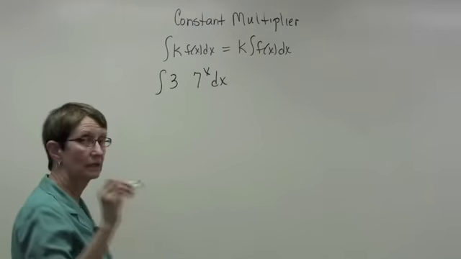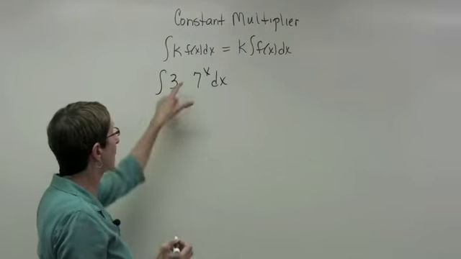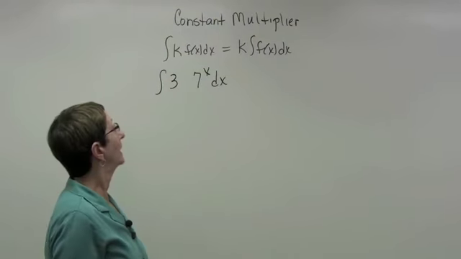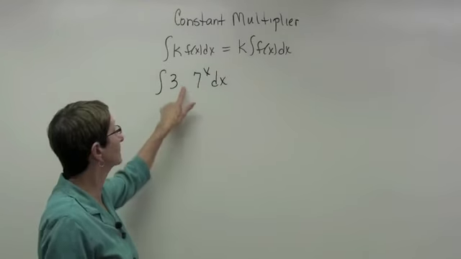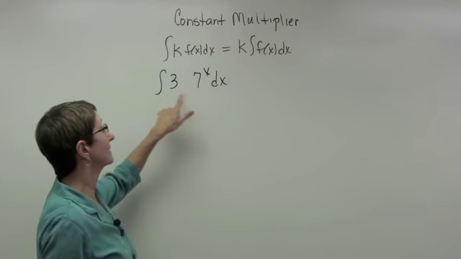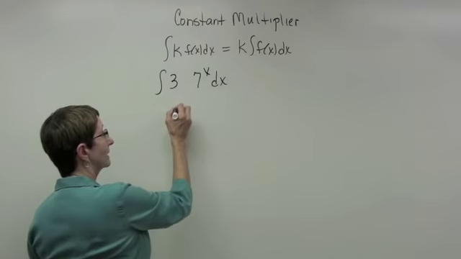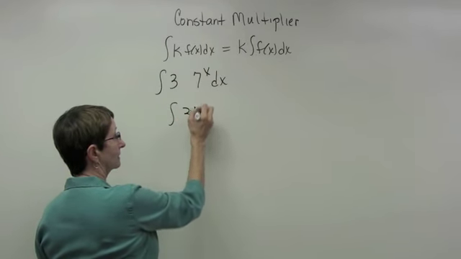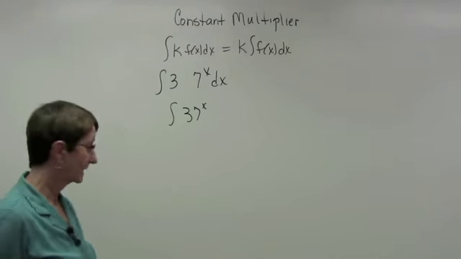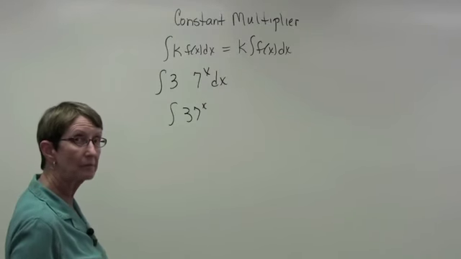I didn't put a star for times, I didn't put a dot, I didn't do parentheses. In a lot of mathematical software, a space means multiplication. This is not 37 to the x. If it was, it would look like 37 to the x. There would not be any kind of space in the middle.